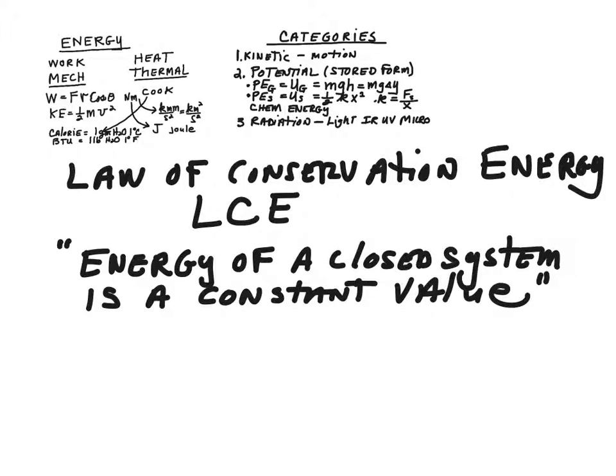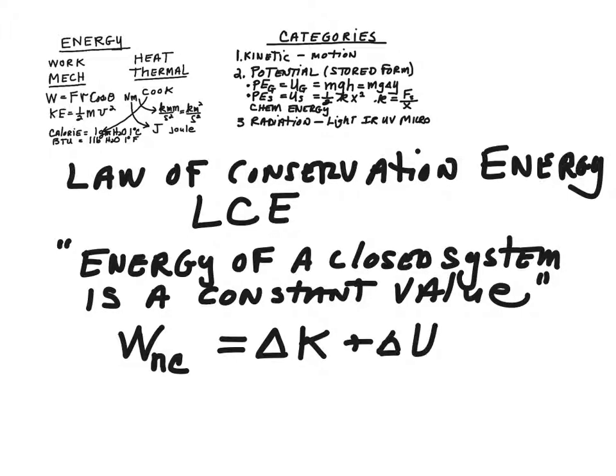And our equation, which you'll see on the equation sheet for this, is that work done by non-conservative forces, we'll explain that in a minute, is equal to the change in kinetic energy plus the change in potential energy. So that equation is our conservation of energy equation.